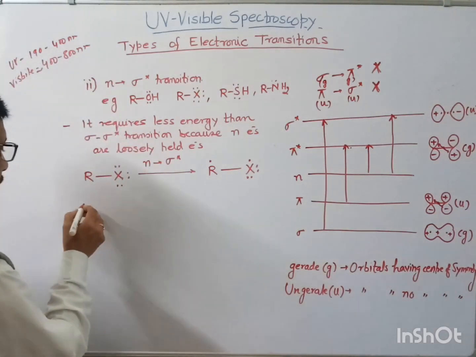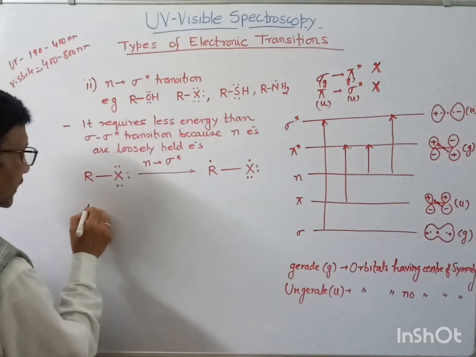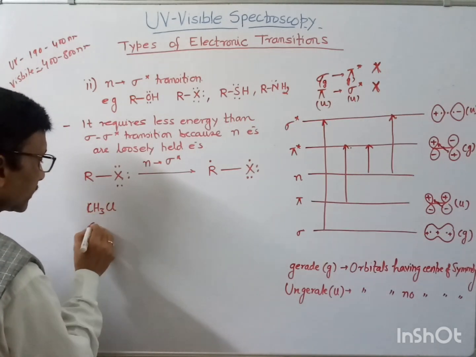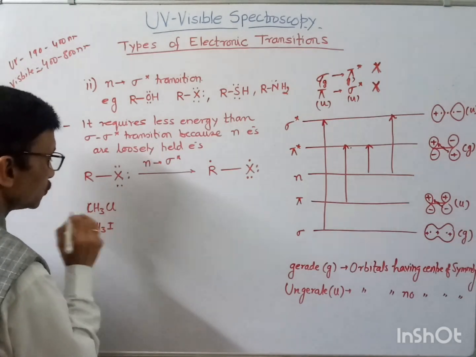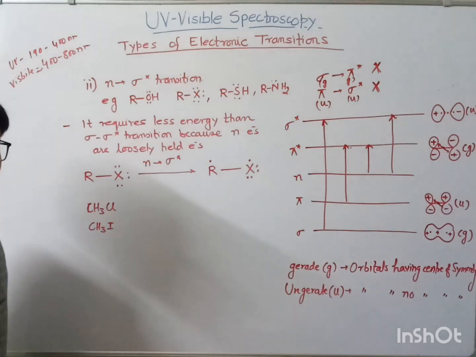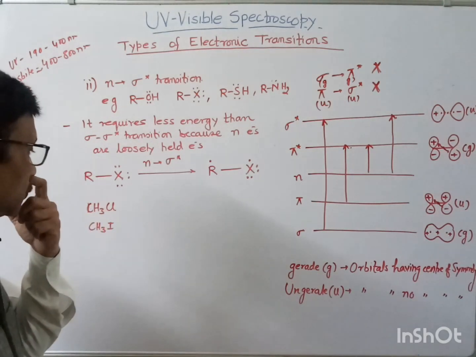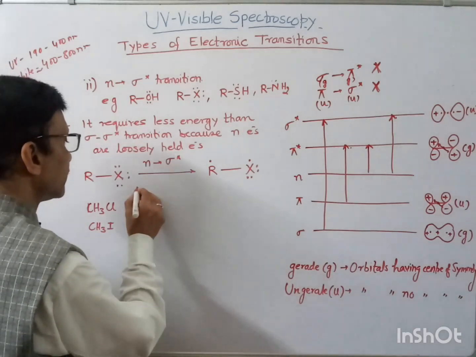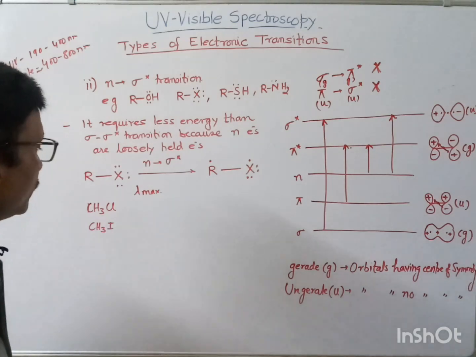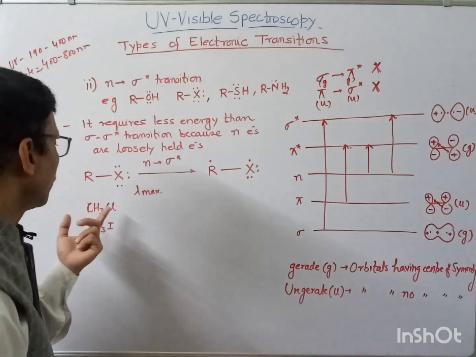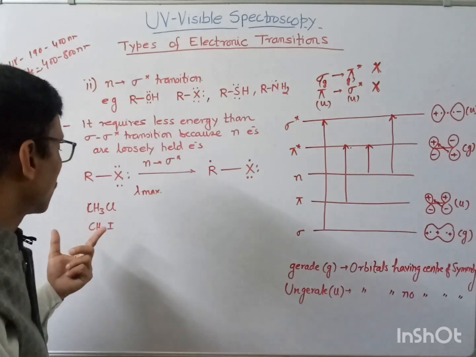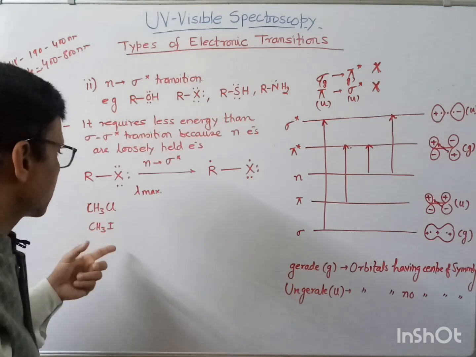Now, suppose we have the alkyl halides CH3 chloride and CH3 iodide. Out of these two, which requires the higher energy, or which has the higher lambda max value? The one where the n electrons are not easy to excite.